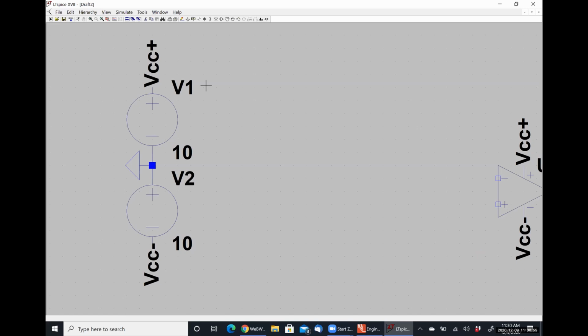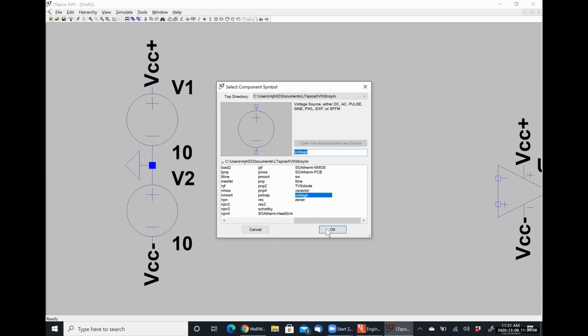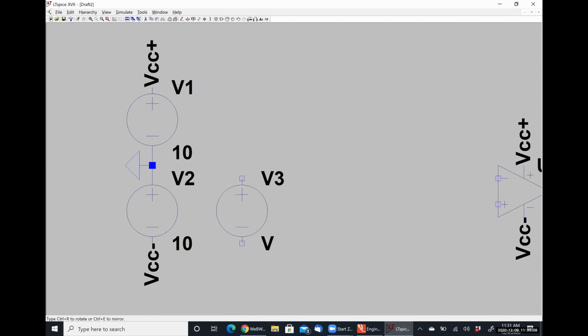Just for the sake of argument, because we're just seeing what's going on here, I am going to choose my reference voltage to be 0 volts, so somewhere in the middle. My reference voltage is applied at the negative polarity terminal, right?